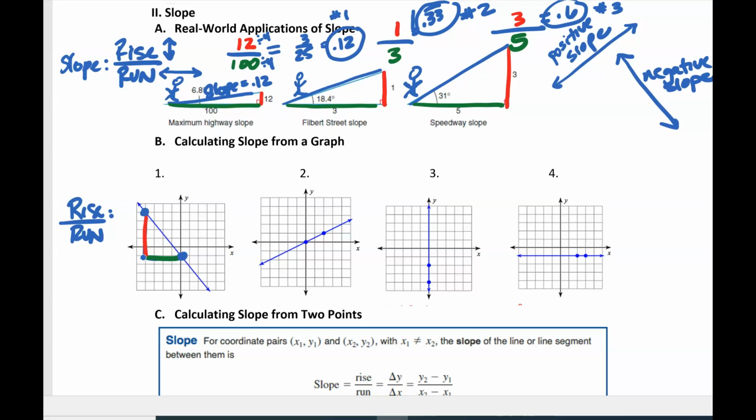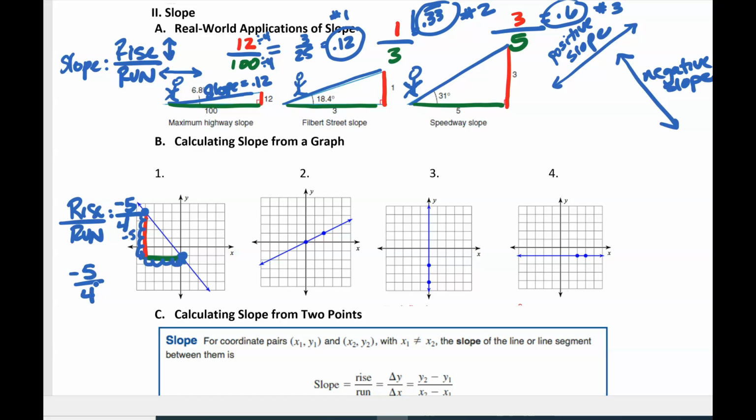And the rise, that's this vertical distance, is 1, 2, 3, 4, 5. But we're going down 5 to get to this next point. So I'm going to do a -5 for rise. And then run is going to be 1, 2, 3, 4 to the right. On the graph, right is positive, so it's going to be -5/4.